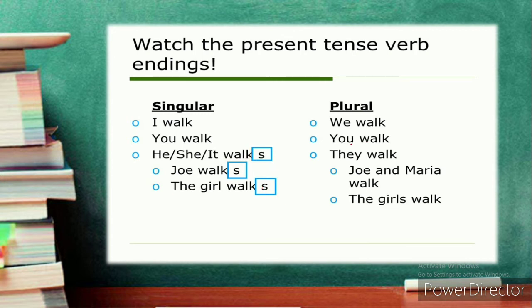On the other hand, we, you, they, Joe and Maria, and girls, all of them take the plural verb walk, which is in basic form without S or ES.